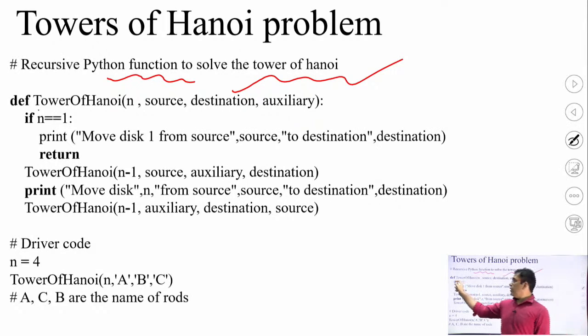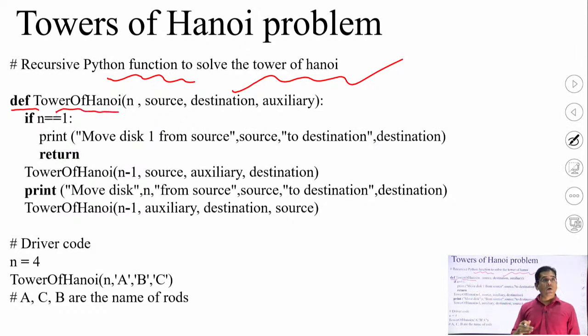So the def keyword is used here. Def is a keyword, that is why it is written in bold. Then the name of the function. The name of the function is tower of Hanoi. You can give any name as per your choice. Within the brackets there are 4 variables or arguments. Number 1, n, which tells us the number of disks. We can either take it from the user, or we can pass it directly as an argument to this function.